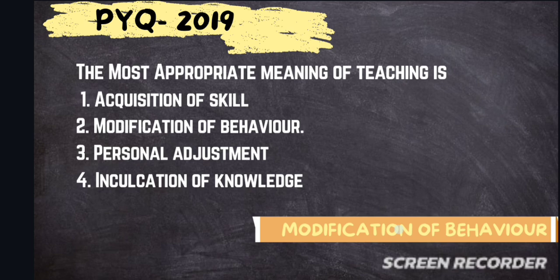When questions come like this, we need in-depth knowledge of the subject. When we see the question, we may first get confused, so the first thing we can do is eliminate. We may strike out personal adjustment. We are left with three options: acquisition of skills, inculcation of knowledge, and modification of behavior, all of which seem correct.